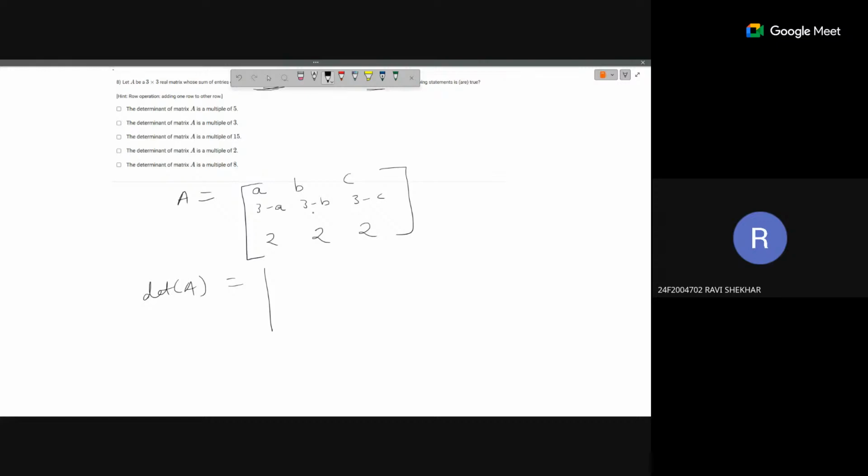So the determinant should be 0, but no such option has been given. Yeah. So what you are doing? What are you saying? I'm saying that we can make two rows equal.